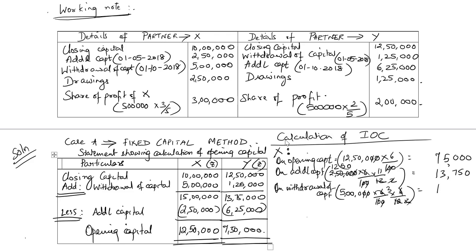The amount to be deducted is rupees 15,000. So the answer for IOC for X is rupees 75,000 plus rupees 13,750 minus 15,000, and the answer for this is rupees 73,750 rupees.